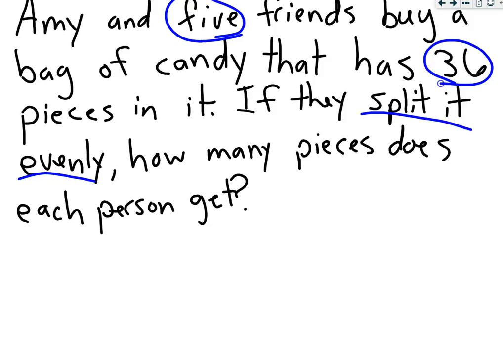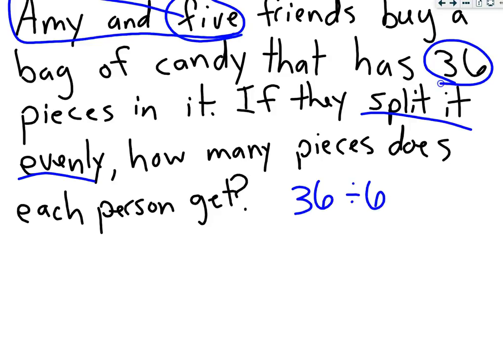It says, Amy and 5 friends buy a bag of candy, which means not 5 people, we actually have 6 people that we need to split this candy up between, which makes this problem a whole lot easier to do. We need to take our 36 and divide it into 6 equal portions, which we all know is 6 pieces.